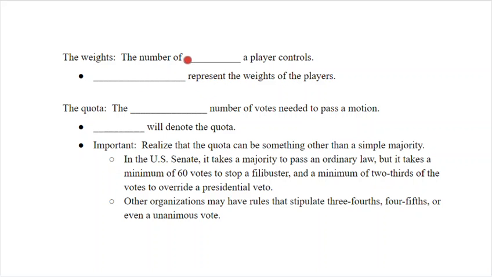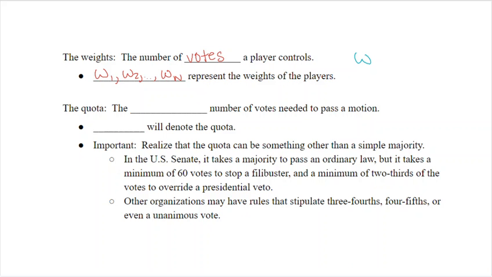And the weights are the number of votes that a player controls. We are going to use the Greek letter lowercase omega for this. So omega 1, omega 2, etc., omega n are going to be the number of votes that each player has.